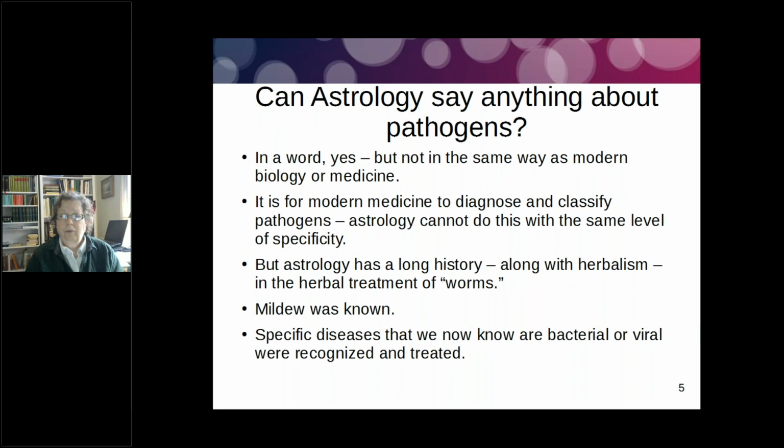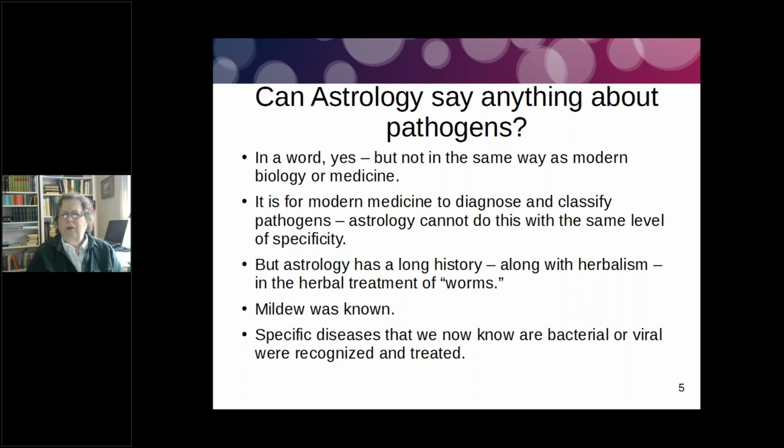Now, when you talk about the germ theory, another word for it is pathogens, okay? Because there are disease-causing organisms, whether they're bacteria or viruses, whether they're fungi, whether they're multicellular animals, all of these are possible as pathogens. Now, astrology can talk about these.